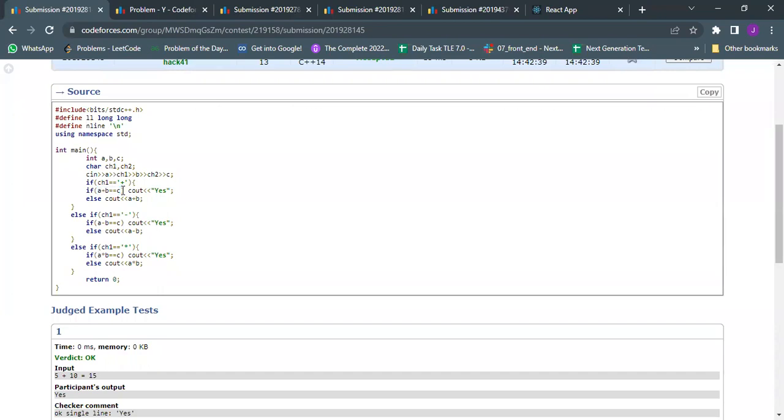Yes, yes. Okay. So A plus B is C or not. If it is equal, then you know the expression is true, and just print yes. And if it is not true, then print A plus B. So that will be the correct value of the expression, right? Understood this part? Yes, I understood.